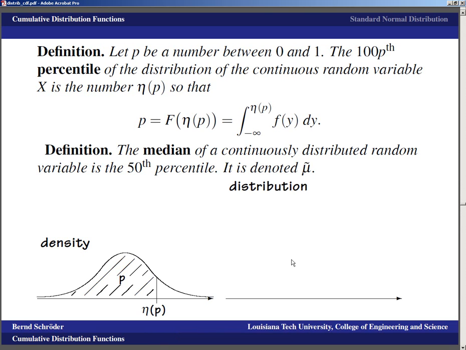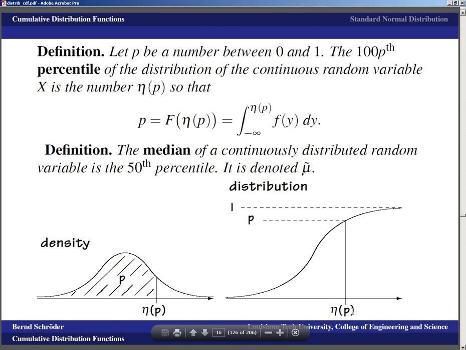In the distribution picture, it looks similar. Basically, we just have to remember that the distribution function is non-decreasing, and that means the probability, the cutoff p, is an output value, and the eta of p is an input value. And basically what it says is that, again, the percentile is just the value that is associated with the p as an input.